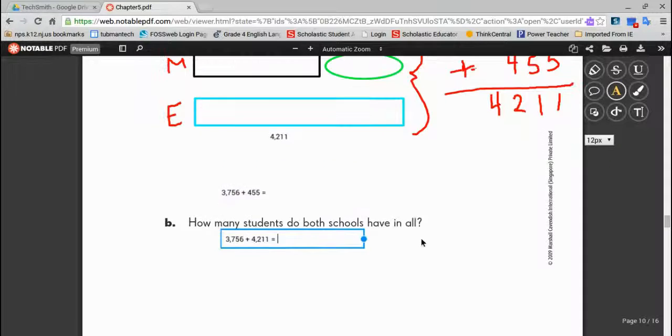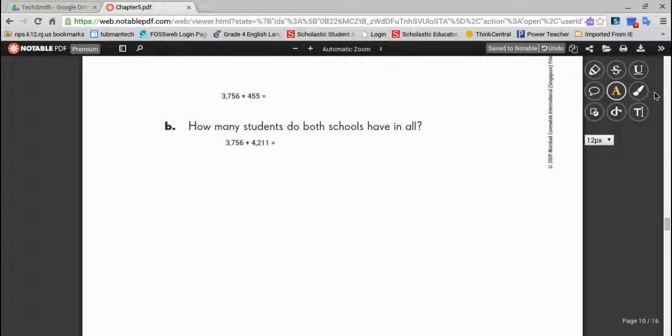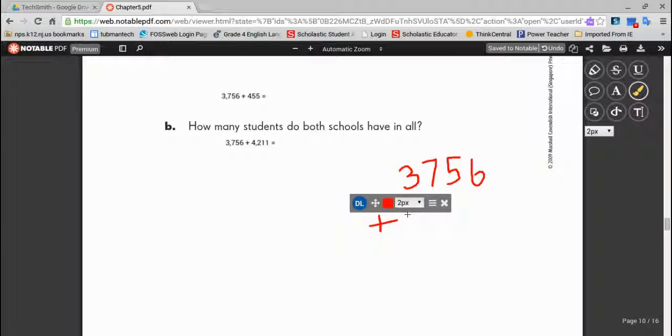So that is the problem that I want to do. And again, I'm going to line it up and down, or vertically, whatever you want to call it. 3,756 plus 4,211.